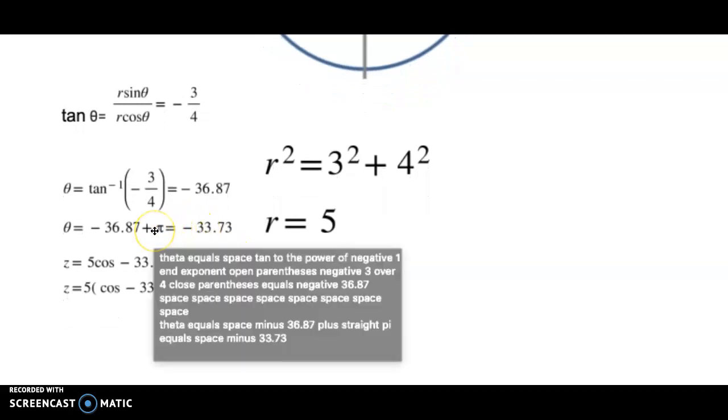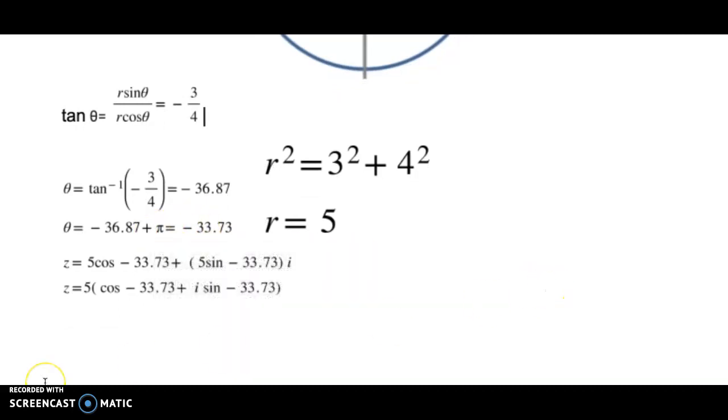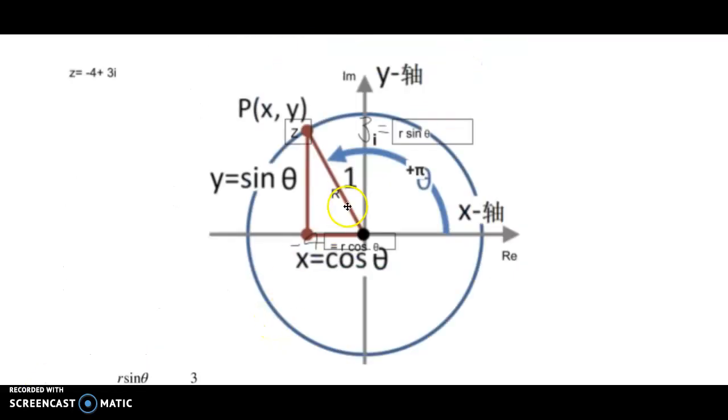But this isn't the answer to the polar form. We actually have to find the actual radius, because we never found this. We have our x and y, but we don't have the hypotenuse, the r. The one here represents the one that would be right here to classify one of the numbers, but in this case, we're going to disregard that because we don't need that.